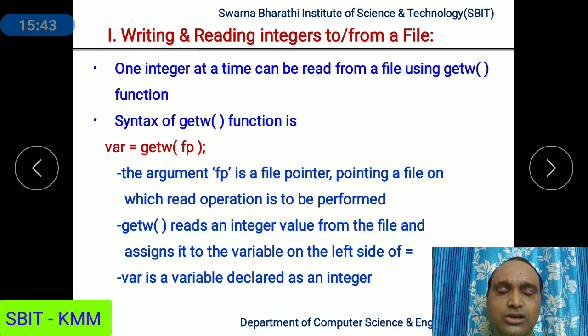If you do not check, the file pointer goes on reading the contents beyond the end of the file, and that cannot be detected by the operating system. So you keep receiving junk values from the file. If you are reading junk values, the program which you are using to read the content of the file will generate undesired results. So it is the responsibility of the user to check whether we have reached the end of the file when performing a read operation.